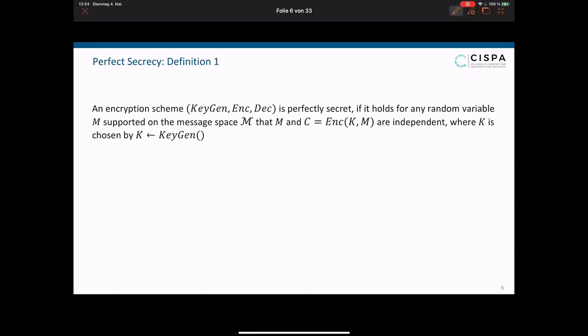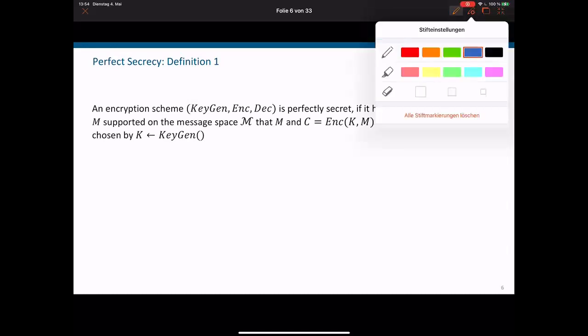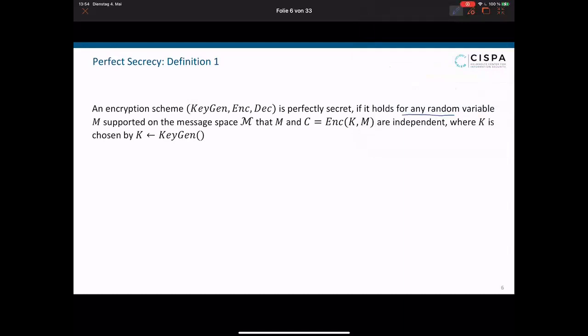An encryption scheme, (Gen, Enc, Dec), is called perfectly secret if it holds for any random variable M. That's the important thing. Any random variable M that could, for instance, be a random variable that outputs English text.